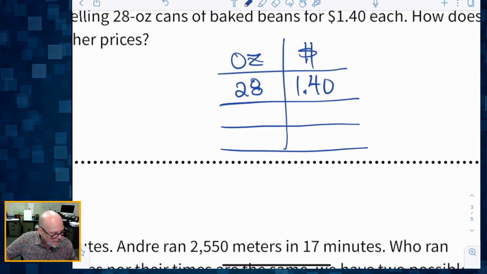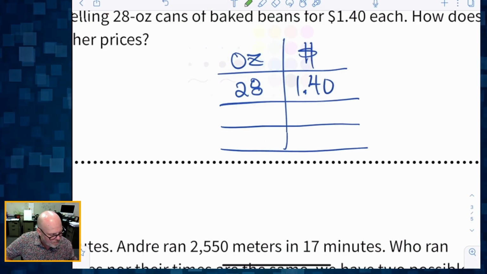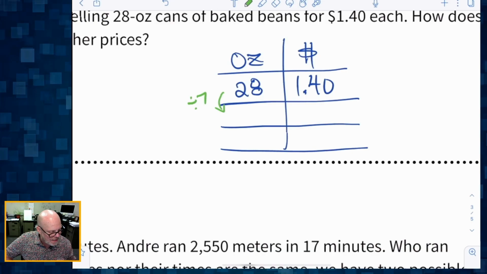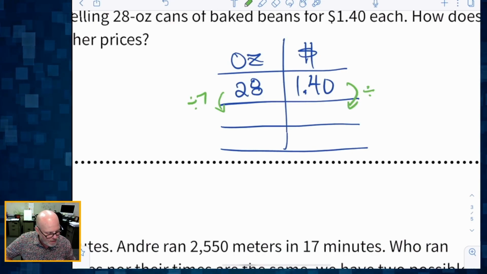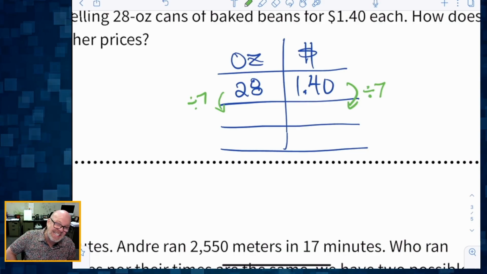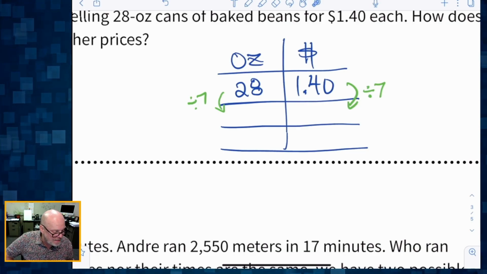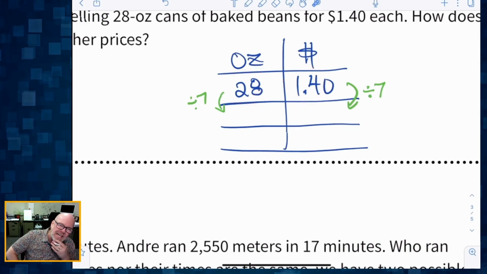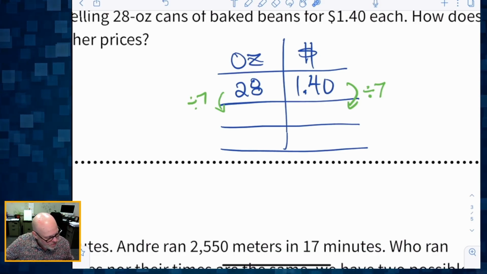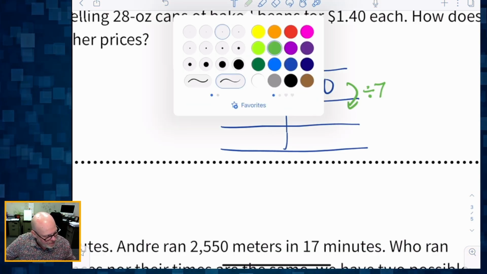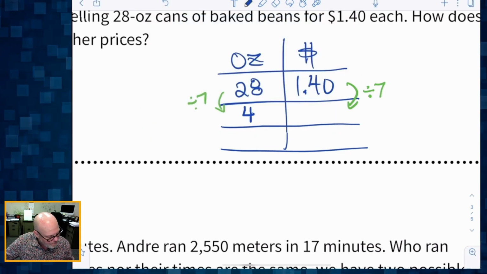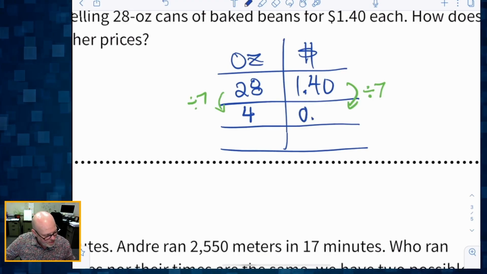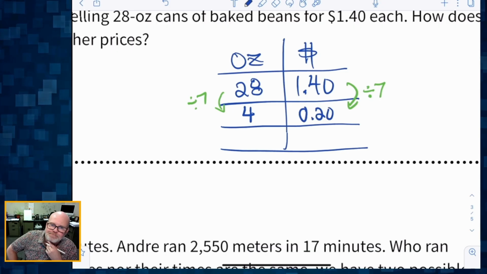If I divide by 7, because $1.40 sort of looks like a 14, and I know that 28 and 14 are both divisible by 7. So 28 divided by 7 is 4, and $1.40 divided by 7 is going to be 20 cents.